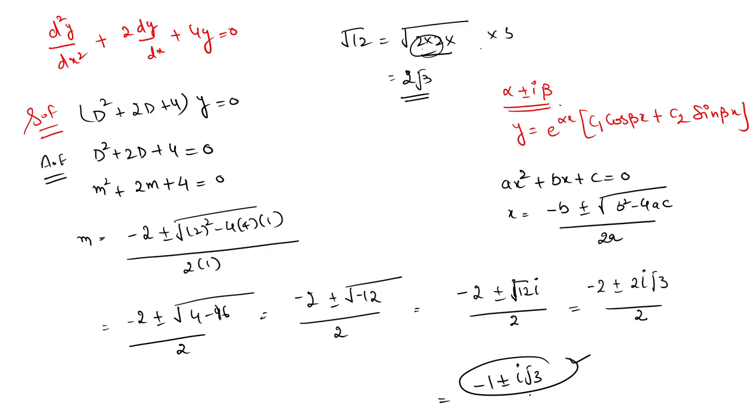If we compare this with our solution, e^(alpha x), the value of alpha is minus 1 and the value of beta is root 3. So how can we write its solution? y = e^(-x) (c1 cos √3x + c2 sin √3x).